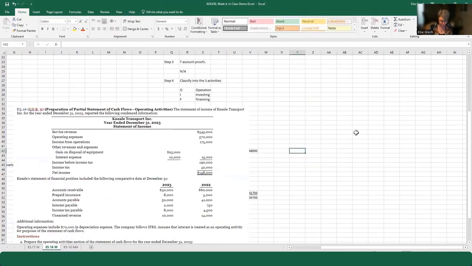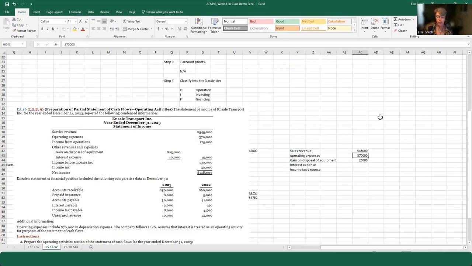I'm going to start with sales revenue, operating expenses, income from operations, we ignore, it's a subtotal. Then we do gain on disposal of equipment. We do the interest expense. We do the income tax expense. And then I'm going to put all the amounts here.